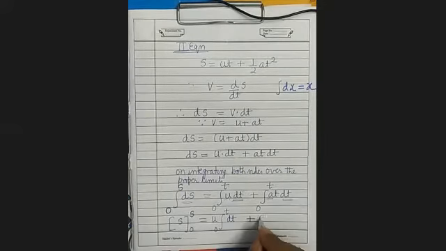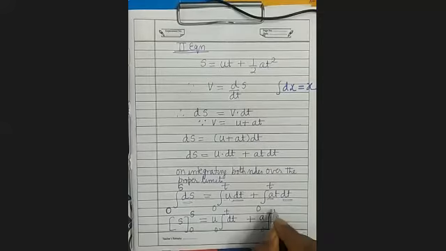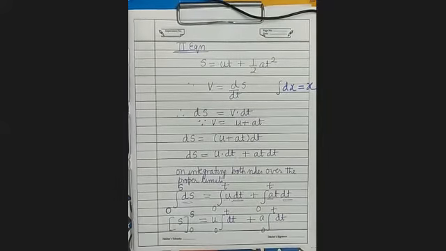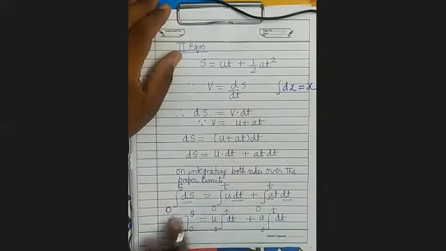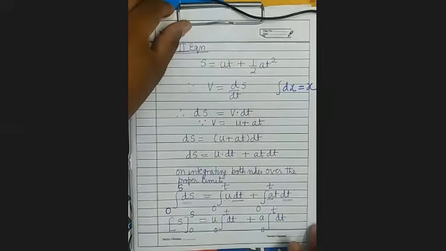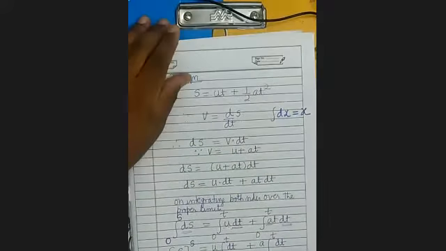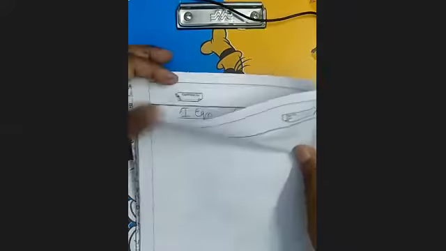So a integral 0 to t dt. Now all of you see on the next page, I am writing this equation as it is on the next page. It's clear? Then we will proceed.